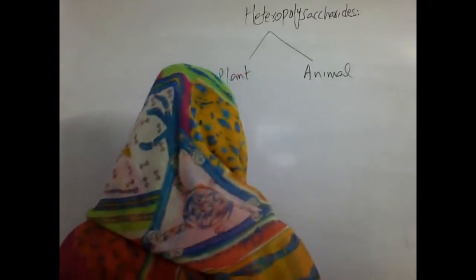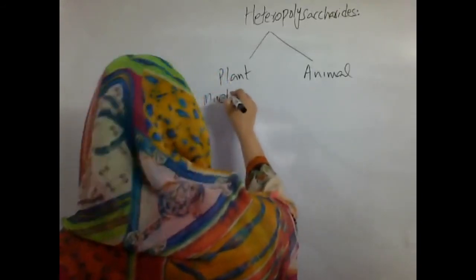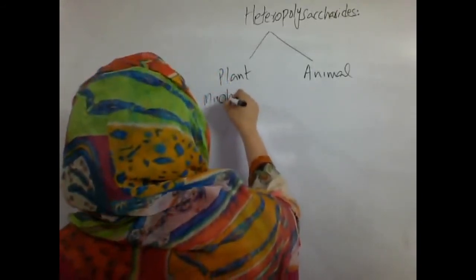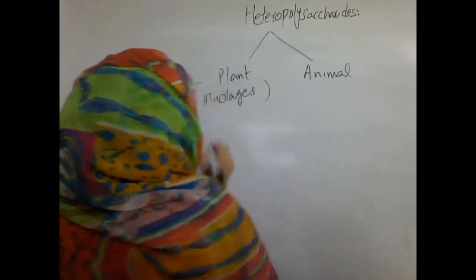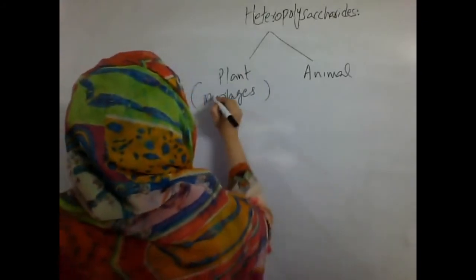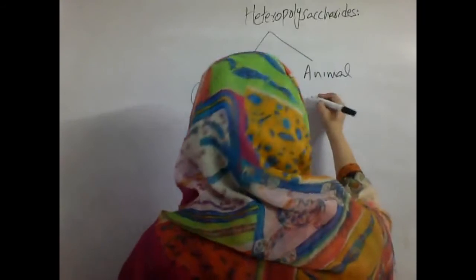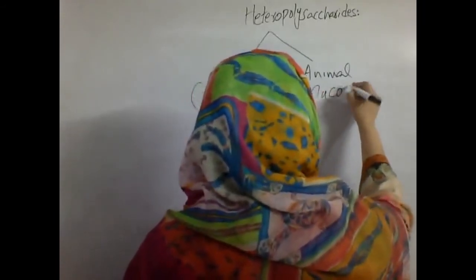Plant heteropolysaccharides are also called mucilages. The animal heteropolysaccharides are also called mucopolysaccharides.